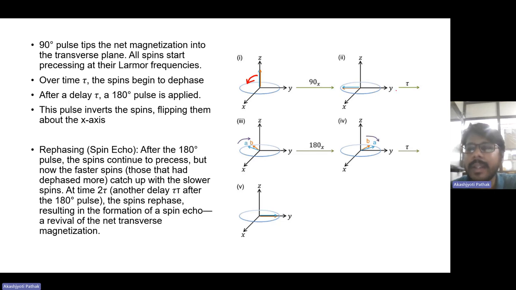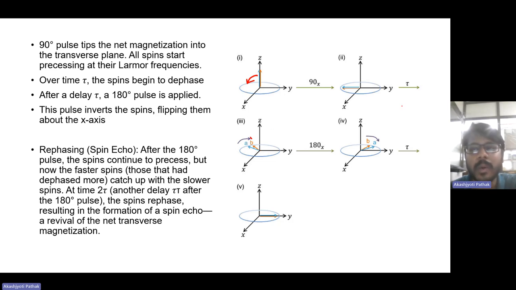Then after that, there is a delay of tau seconds. Now in this tau second delay, what will happen? Here A and B are not the solvent and the sample, but the blue and orange colored lines represent different nuclei. For example, the blue color represents the A nuclei and the arrow represents the B nuclei.